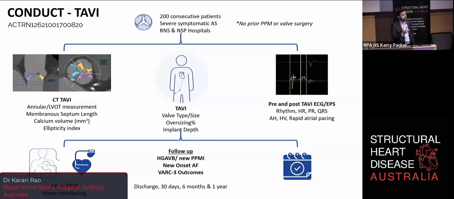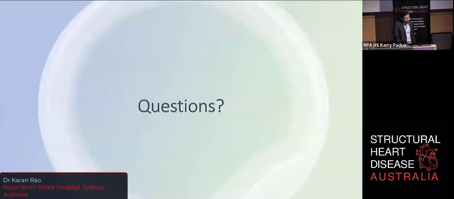It's an all-comers trial, so we're looking at both types of valves and roughly have a 50-50 split. And then we did an EP study, pre and post, and put in implantable loop recorders in all the patients. We're following them up for a year. Our last patient was recruited in December last year, so we hope to present the data early next year. So I'll end it there, but yeah, that's a whiz through conduction.